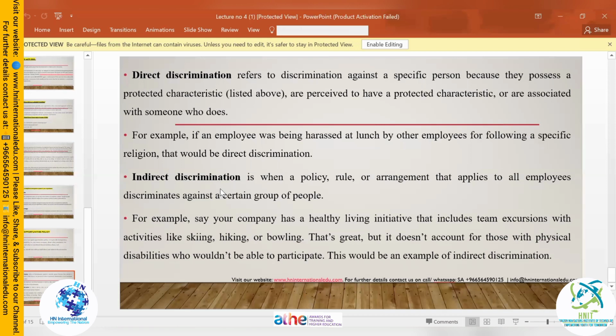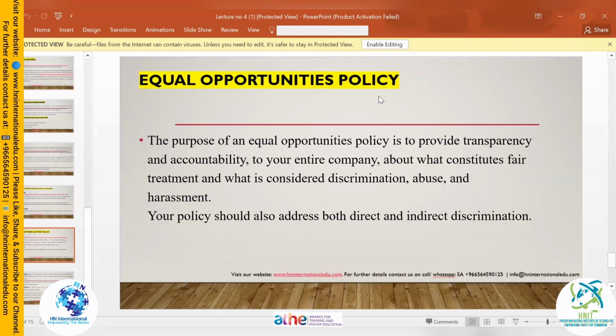You must make your policies apply to all the employees equally. Every employee should be able to avail that opportunity equally. No one should be discriminated against either directly or indirectly. So this is what the equal opportunities policy says, that direct and indirect discrimination should be removed, and everyone should be treated equally.